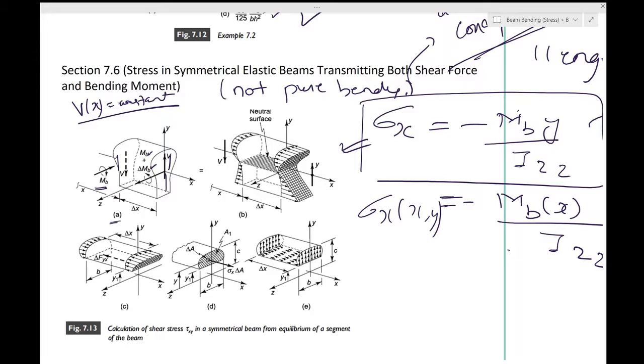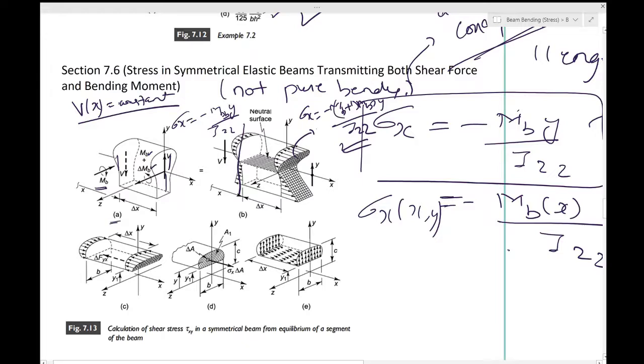Because the stress on this face could have been written as sigma x equal to minus mb y by I zz. On this face it would be sigma x equal to minus mb plus delta mb, y by I zz. So this is what we mean, that the bending stresses acting on the positive x face will be somewhat larger.